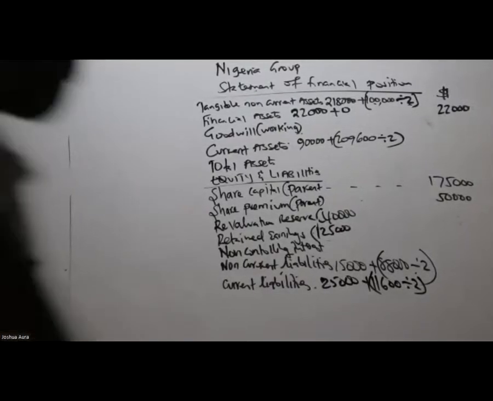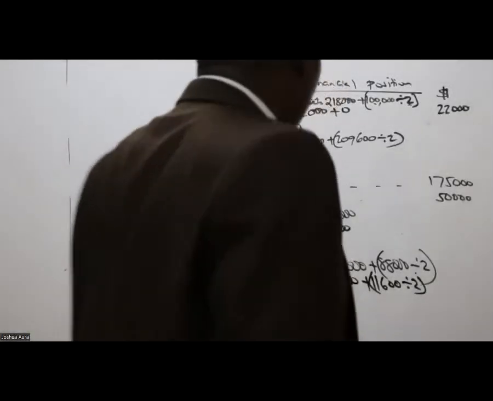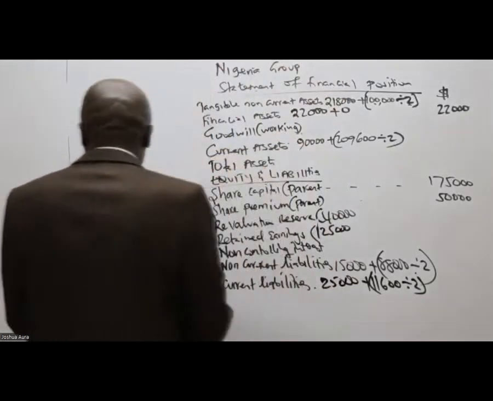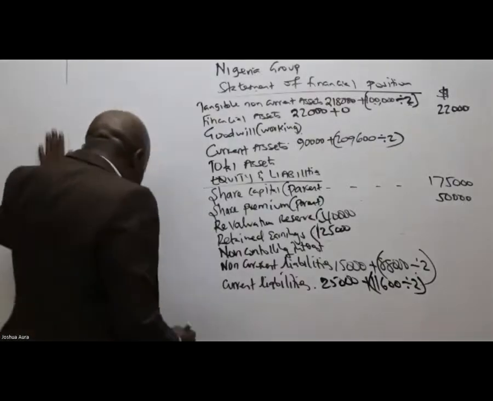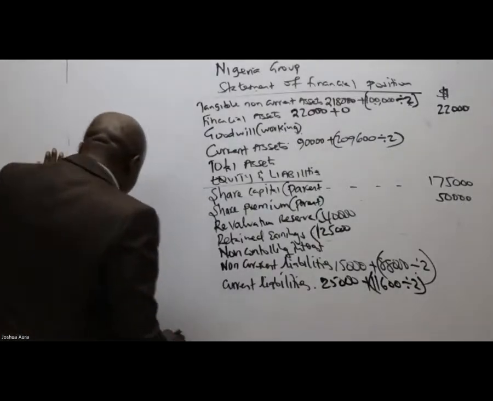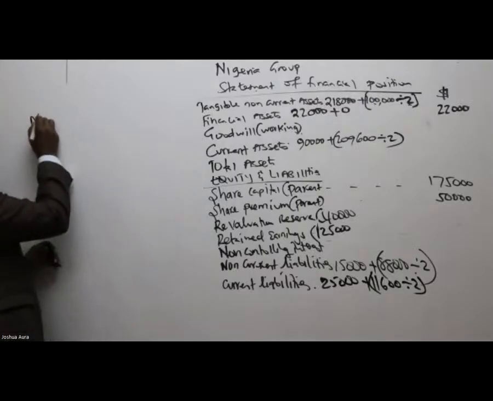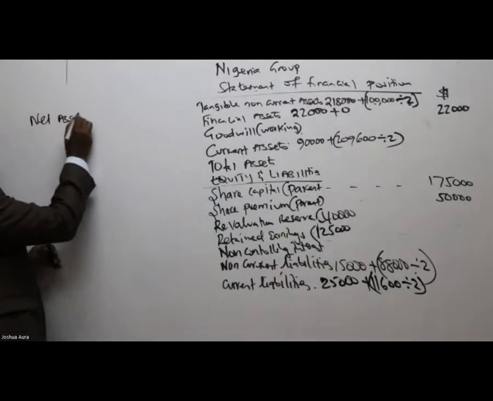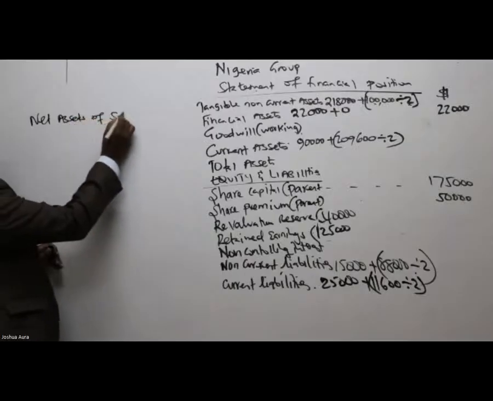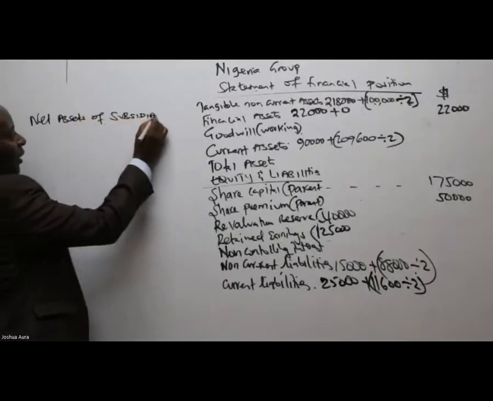So please go ahead and give me the net assets of the subsidiary. So now we are dealing with the net assets of who? The net assets of the subsidiary. This is 3 marks really.